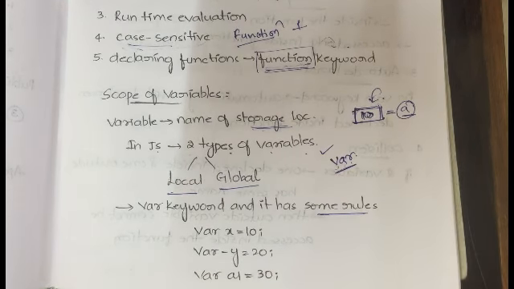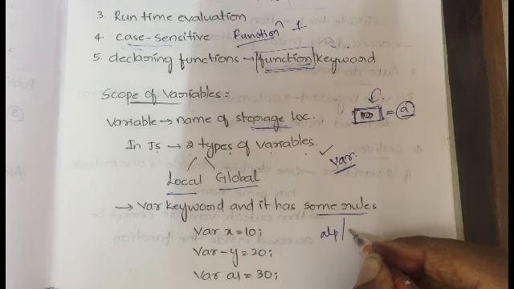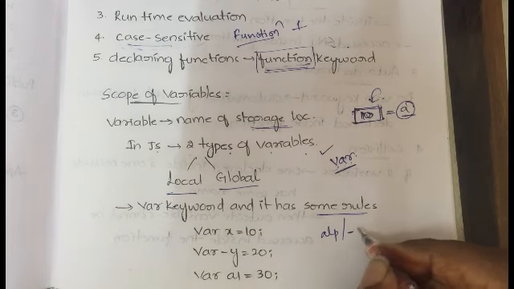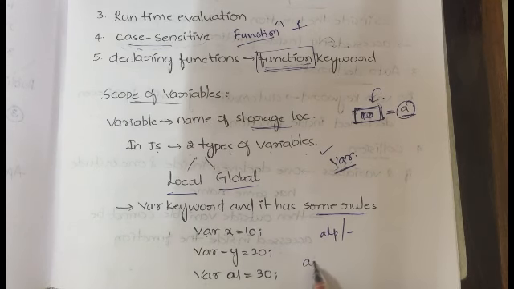The variable can start either with an alphabet or with an underscore, but it cannot start with a number. You should not use a number. For example, var x, var underscore y, and var A1, the name is A1.